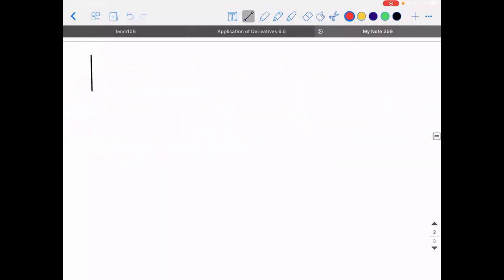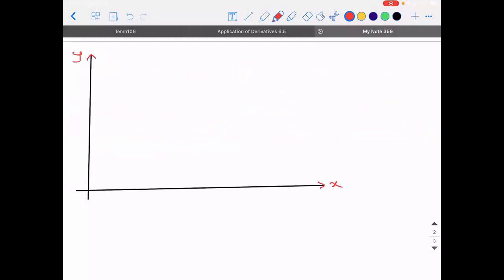Similarly, if I have a curve like this, what is happening here? It is first increasing and then it is decreasing, right?